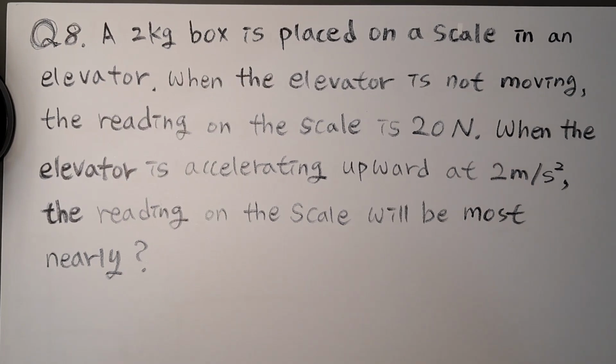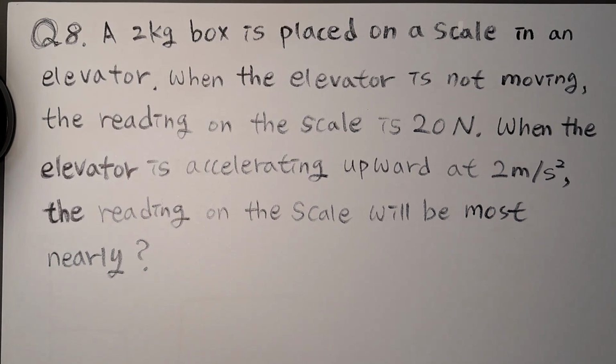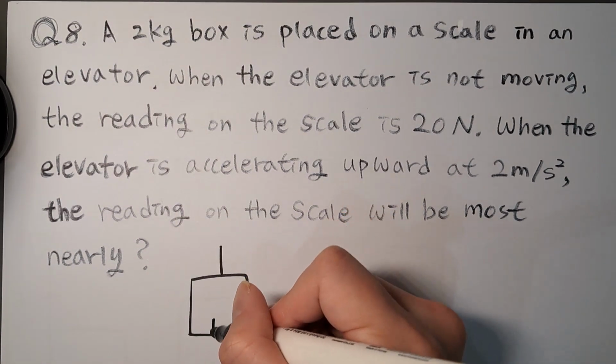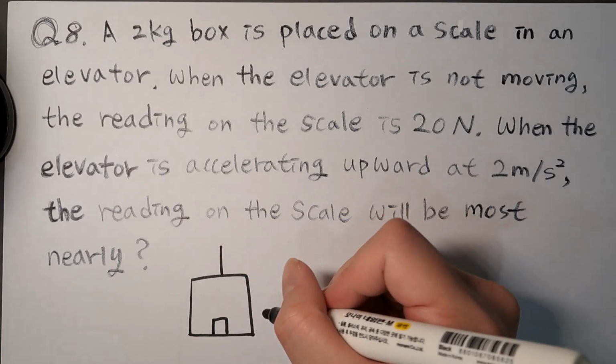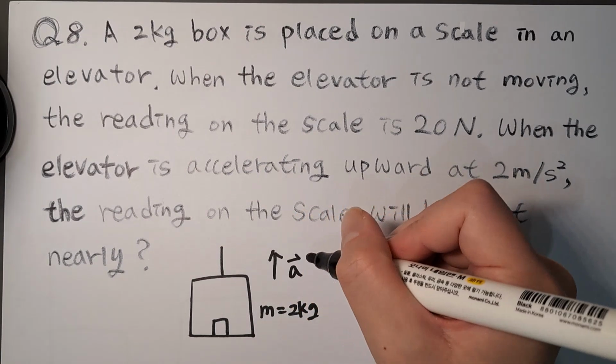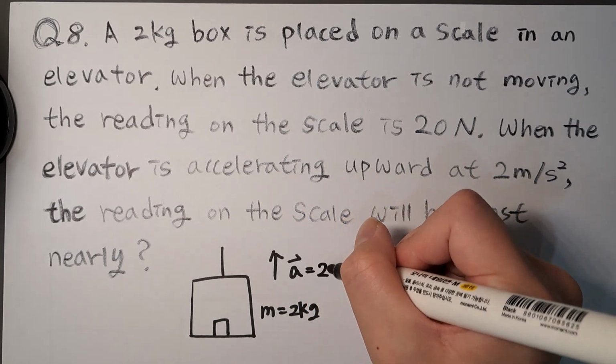A 2 kilogram box is placed on a scale in an elevator. When the elevator is not moving, the reading on the scale is 20 Newton. When the elevator is accelerating upward at 2 meters per second squared, the reading on the scale will be most nearly? So this is going to be the elevator. And the mass is 2 kilogram and the acceleration upward is 2 meters per second squared.